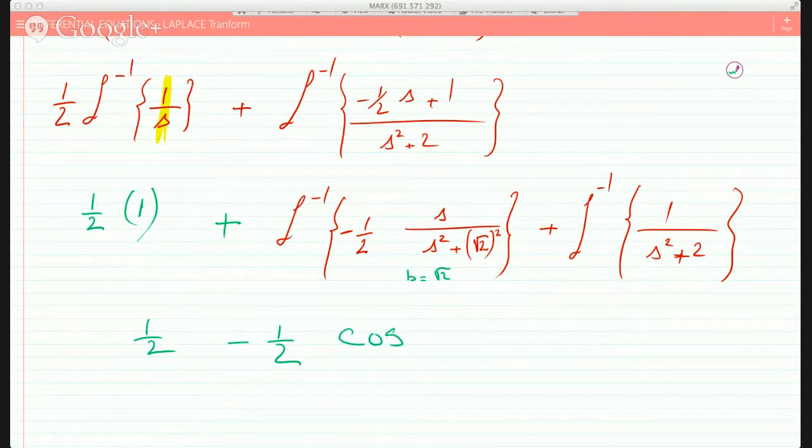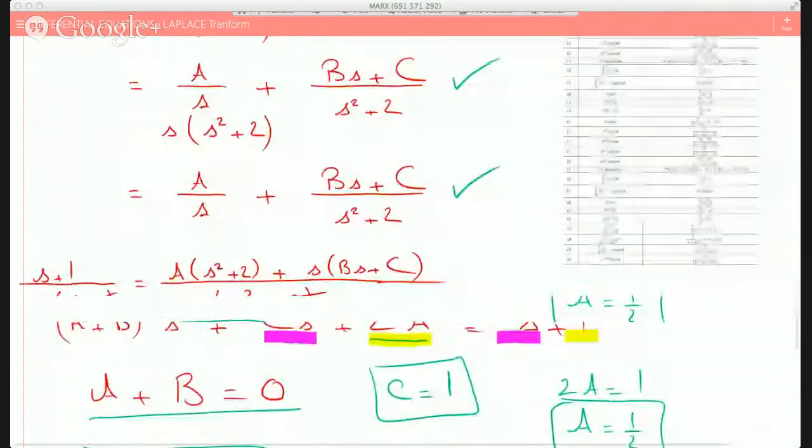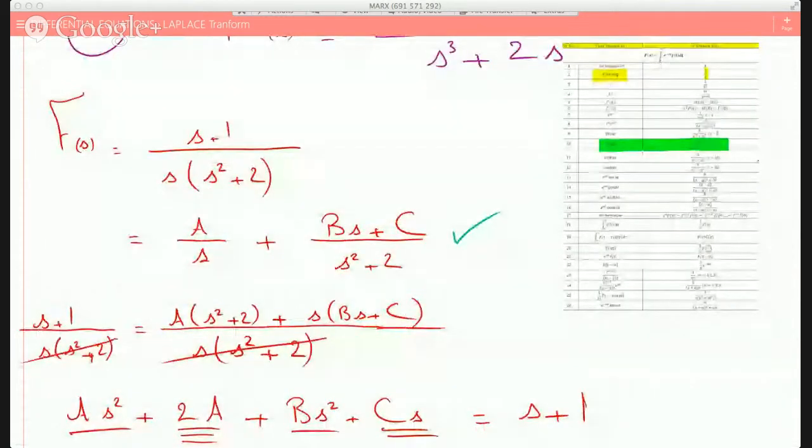So this becomes cosine root 2t, according to the table.